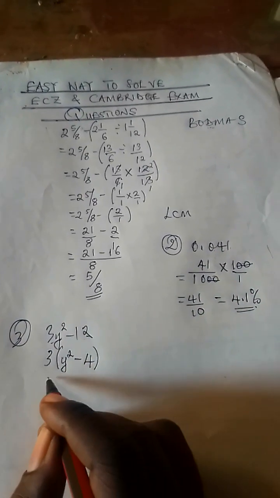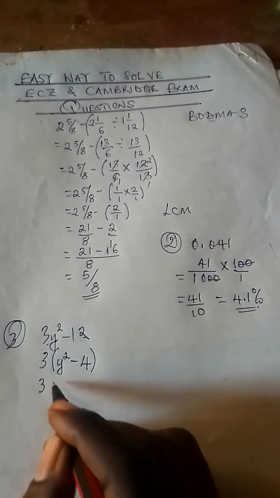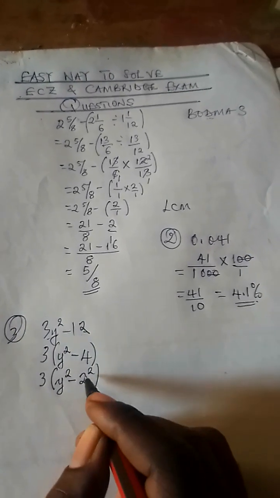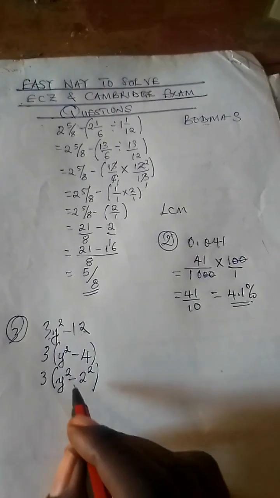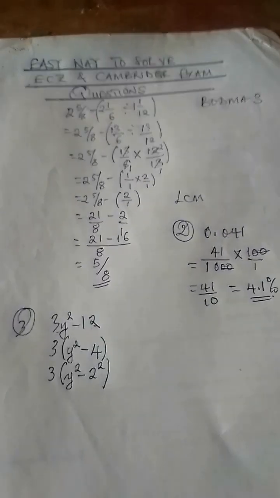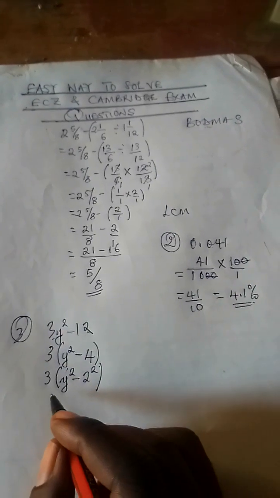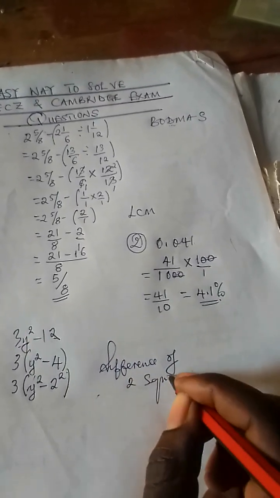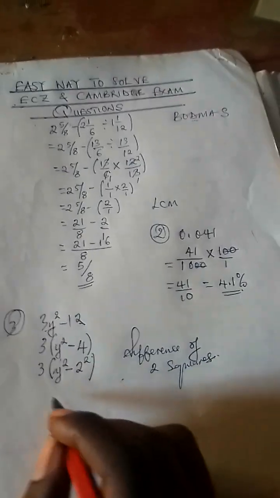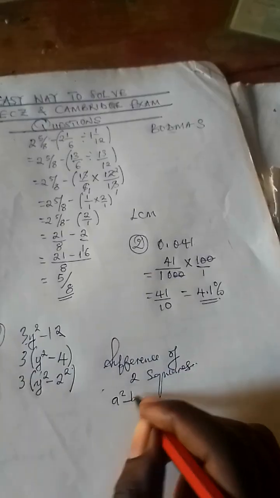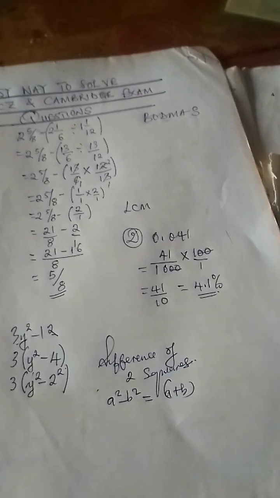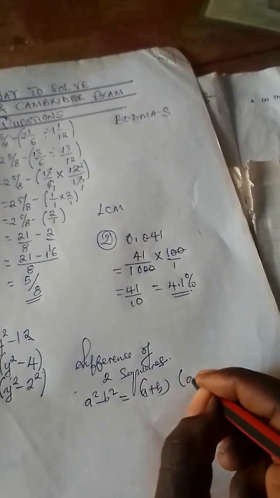So now, because we are told to factorize completely, meaning we are going to have 3, then this one, it is also the same if I can rewrite it like this, because 2 to the power 2 is 4. So if you look at the squares there, you can see that we have the squares here. So this can actually take us into what we call the difference of two squares, which states that a squared minus b squared is equal to a plus b and a minus b, just like this.